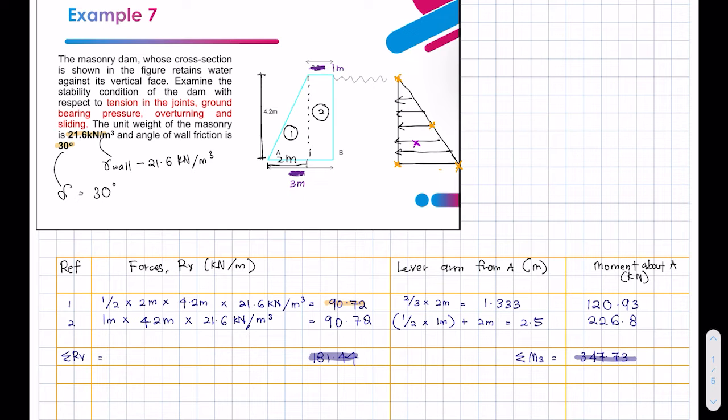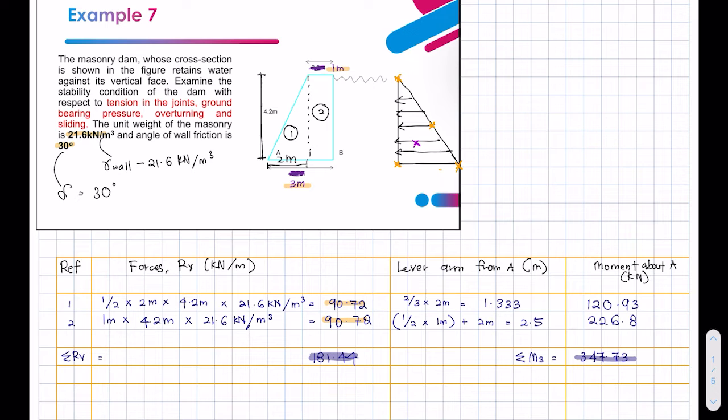And for the second area, it is rectangle 1 meter darab dengan 4.2 meter the height, darab dengan unit weight of the retaining wall. You will get this value.